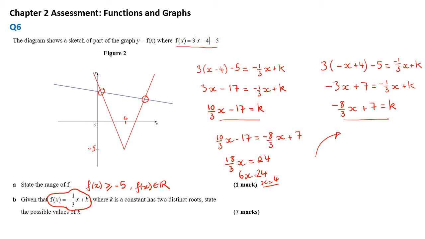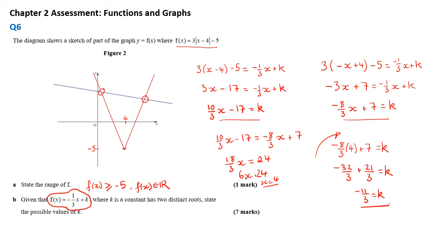So it gives us the point when we are at that vertex. If I plug that back in, I can work out what k is, and we find that k is equal to minus 11/3. So that is the value of k which gives us the line that just touches the vertex of that function.